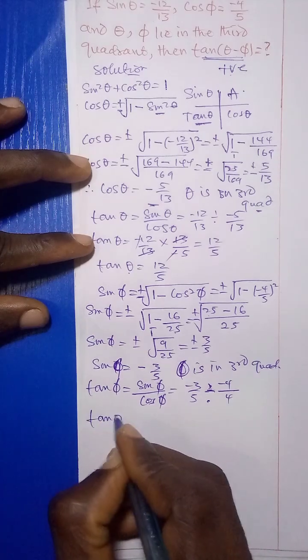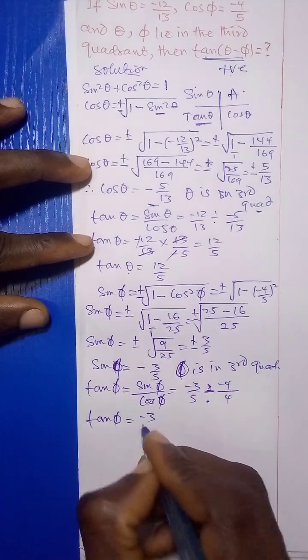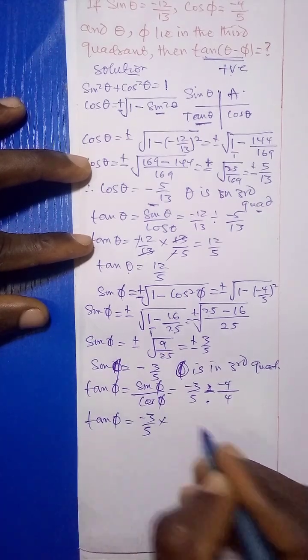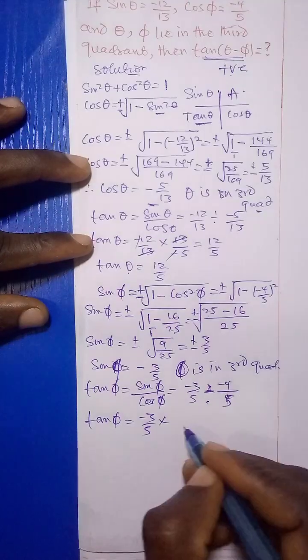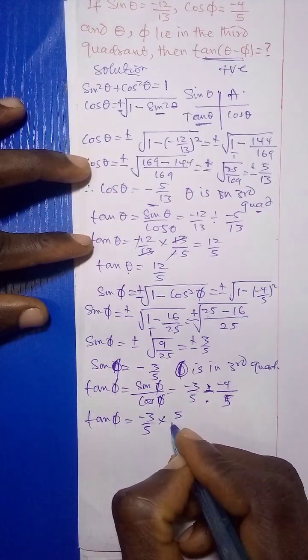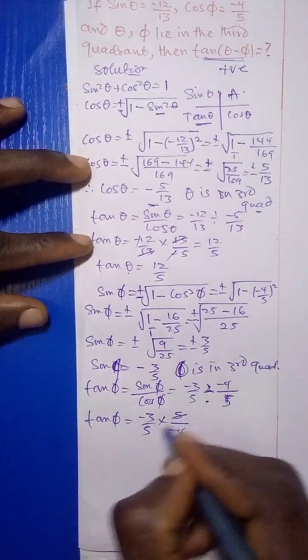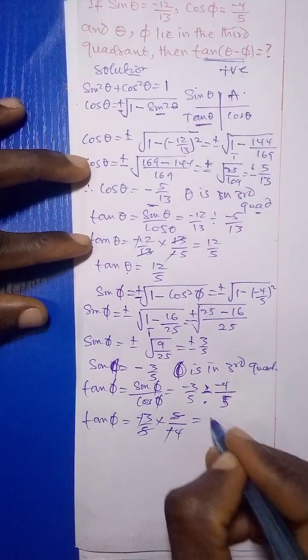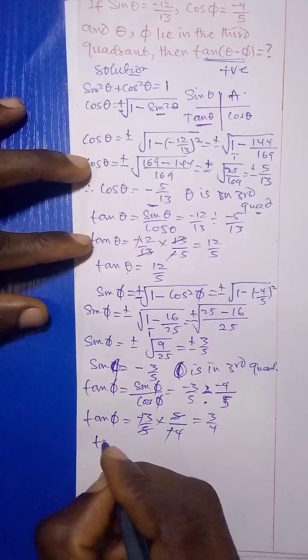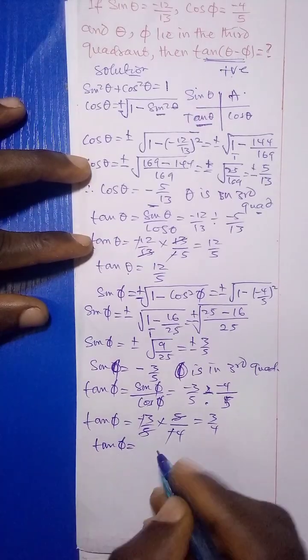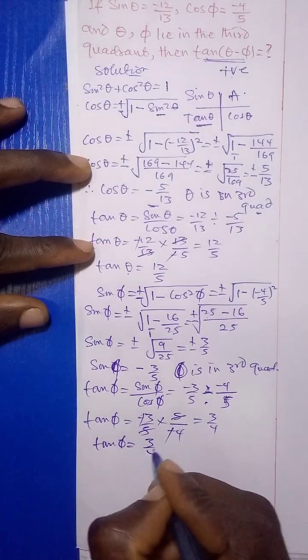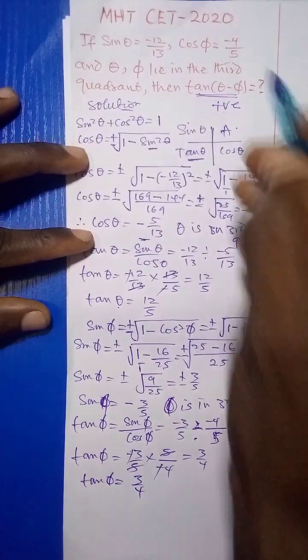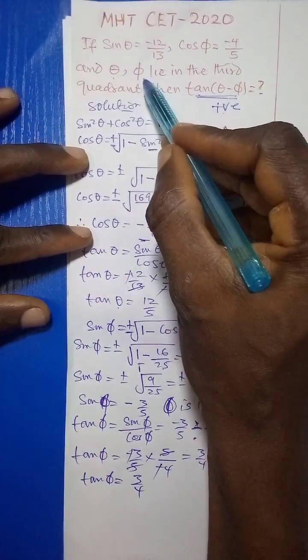So tan phi is equal to minus 3 over 5 times 5 over minus 4. This and this will cancel out, as this minus will cancel this minus, giving us 3 over 4. Again, tan phi is plus 3 over 4, which satisfies this condition that theta and phi are in the third quadrant.